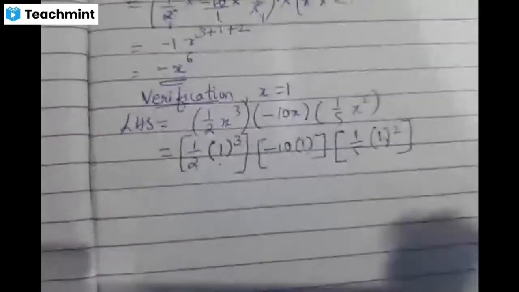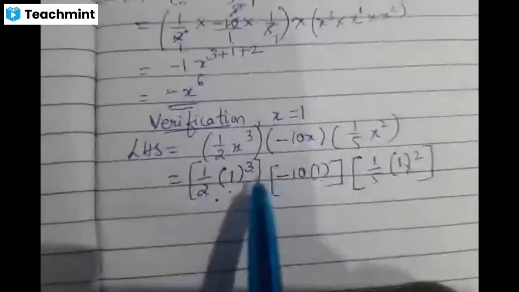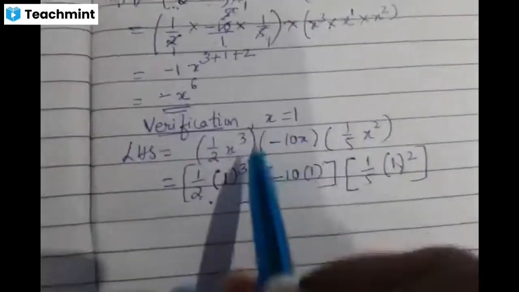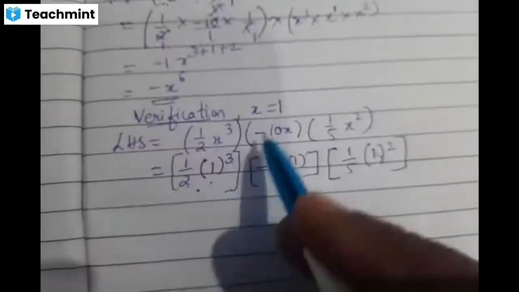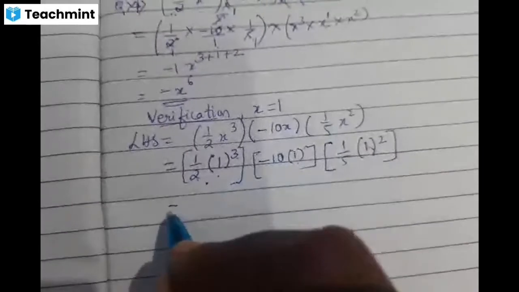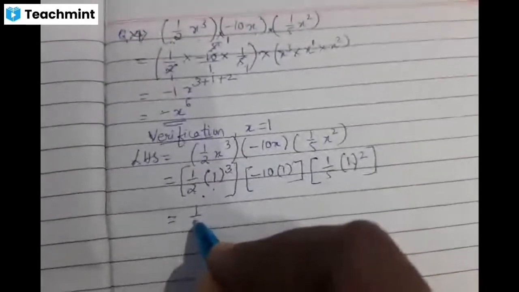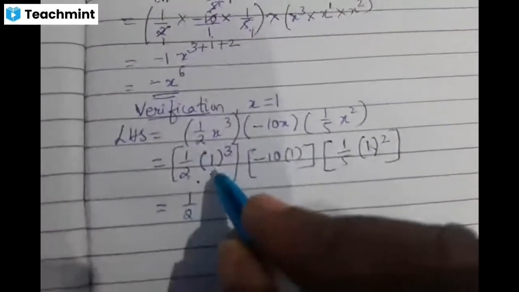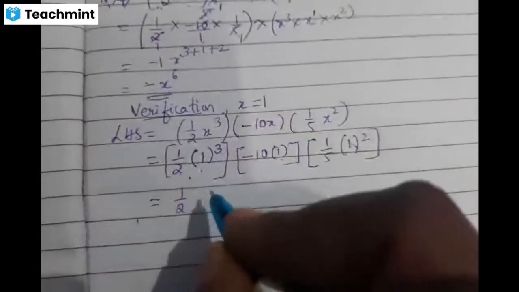Hope this step is understood, children. In this step, we replace the value of x as 1. In the next step, let us simplify: 1 by 2 as it is, 1 to the power of 3. 1 multiplied 3 times is 1 again.